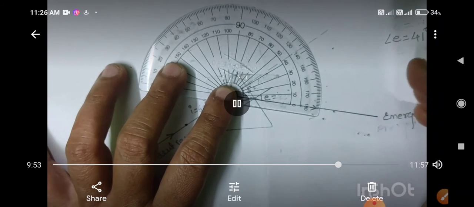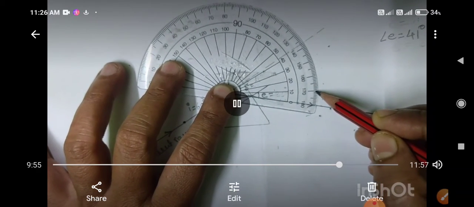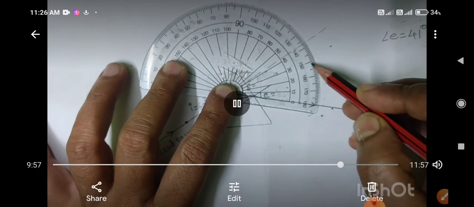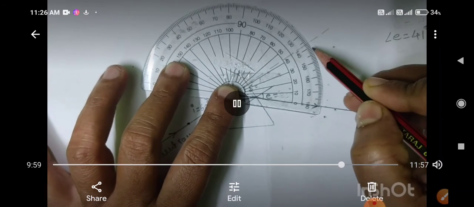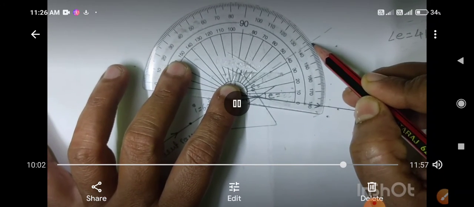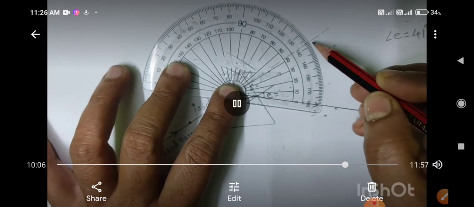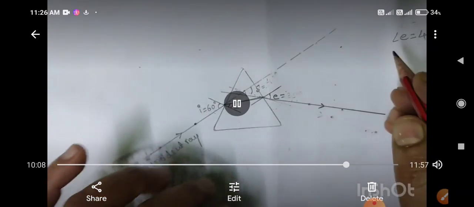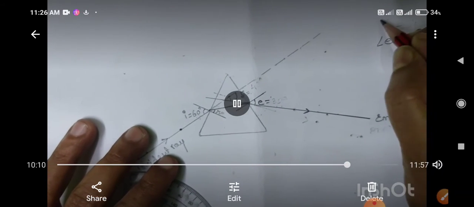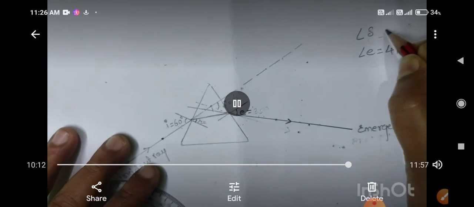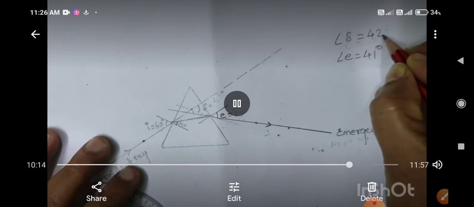So see, this is 10, 20, 30, 40. It is 41, 42. Yes, slightly it is nearly 42. Okay. So here delta means angle of deviation that we are getting is 42 degree.